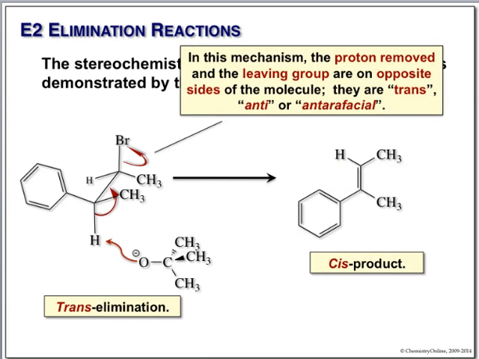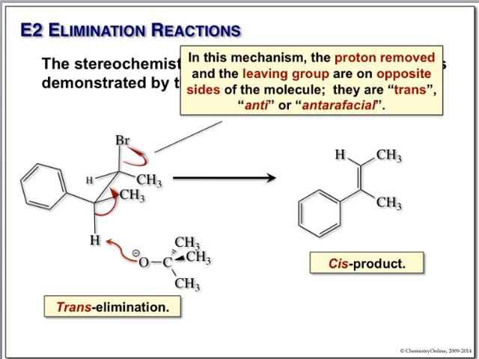Once again, two methyl groups are on the same side here, and are on the same side in our product. This is referred to as a trans-elimination. And all that means is the hydrogen and the group that leaves are opposite each other. Opposite means anti, or more properly, anterofacial.